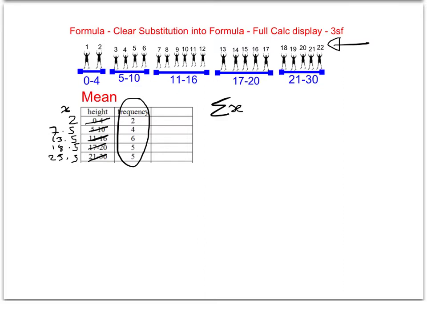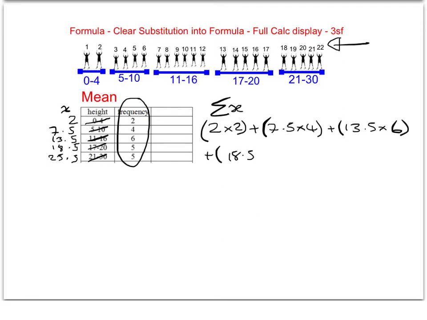So we're adding up 22 different numbers. We're adding up height 2, that happened twice, and 7.5, there were 4 people like that, and 13.5, there were 6 people like that, and 18.5, there were 5 of them, and 25.5, and there were 5 of them.